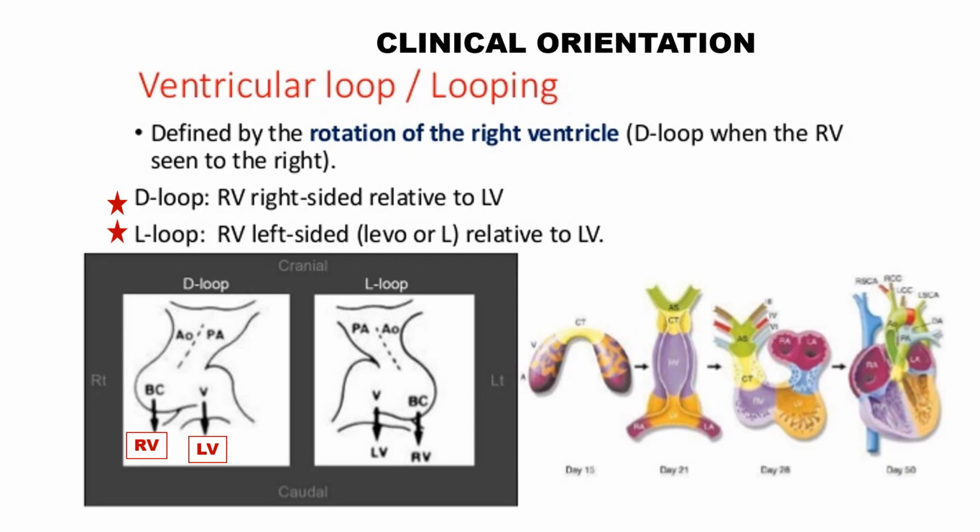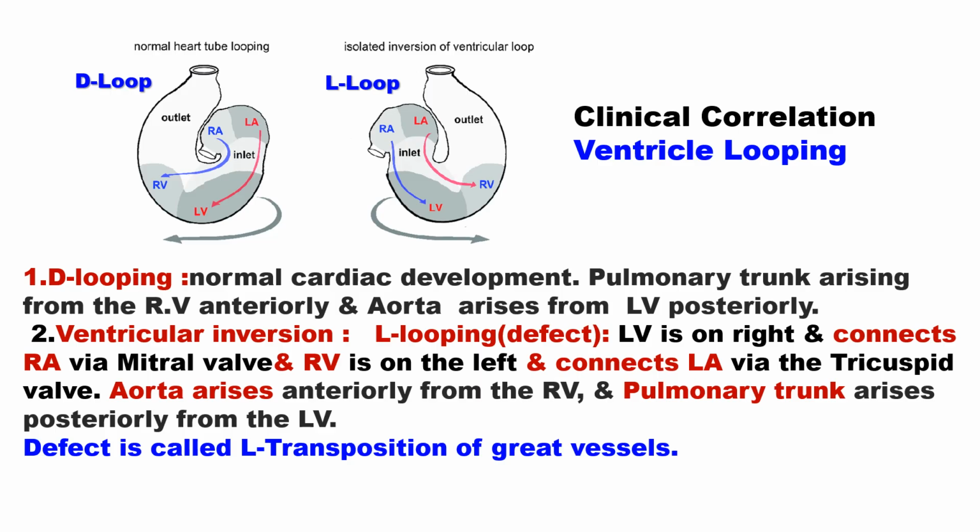In L looping, the right ventricle, derived from the bulbus cordis, lies to the left side of the left ventricle, derived from the primitive ventricular chamber. So D looping is normal cardiac looping. The pulmonary trunk arises from the right ventricle anteriorly and the aorta arises from the left ventricle posteriorly.